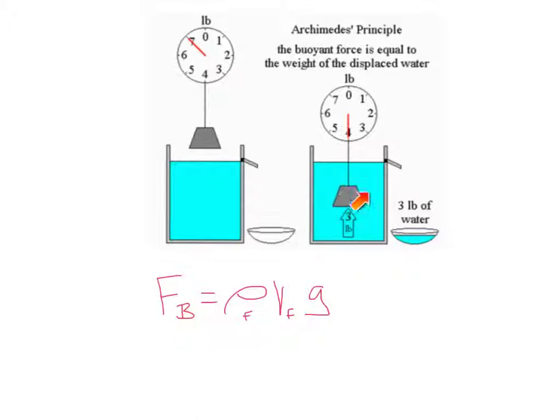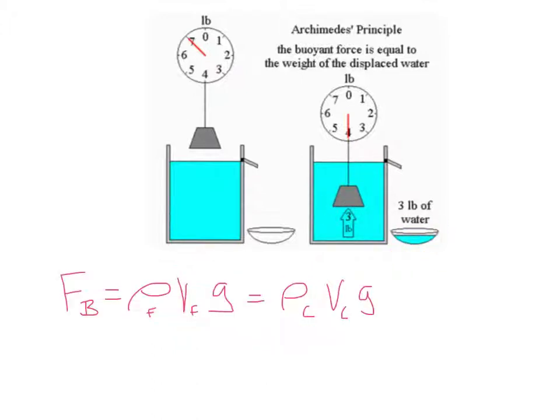The volume of the object, incidentally, is also equal to the volume of fluid that's displaced. So, measuring that volume of water, you get a pretty accurate measure of the volume of the object. And since you're using water and you know the density of the water already, you can use all of this information to figure out the density of the material. Compare that with the known densities of known materials, and you'll be able to figure out whether this crown was gold or not. So that's Archimedes' principle.